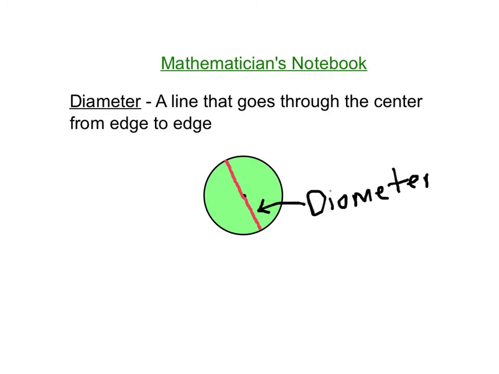And sometimes we use the letter D for diameter. And you may notice that the diameter is actually just two pieces of the radius. And in fact, the diameter is equal to 2 times the radius.